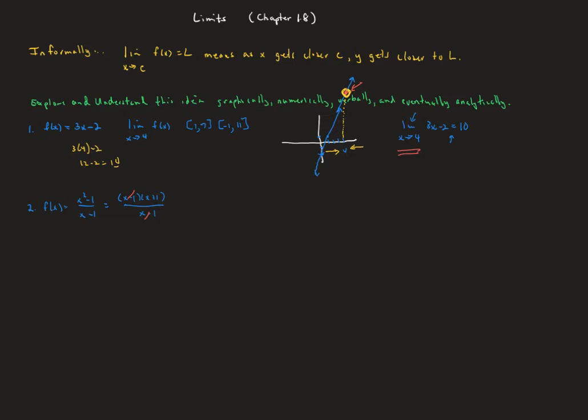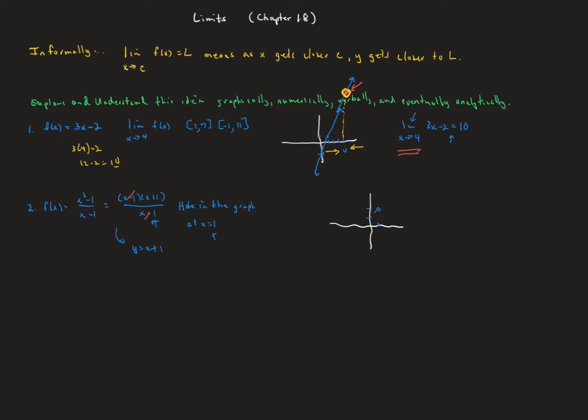So back when we were in AP prep, we correctly said that there will be a hole in the graph at x equals whatever makes that 0, in this case 1. So the graph of this thing is going to look like the straight line y equals x plus 1 everywhere except that there's going to be a blank spot at x equals 1. So we know what this looks like.